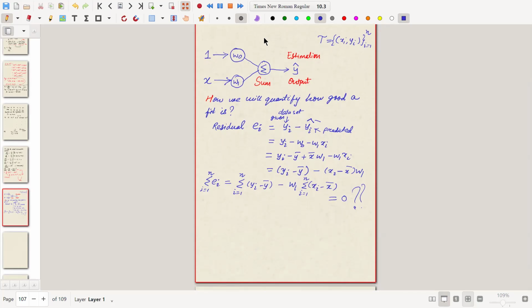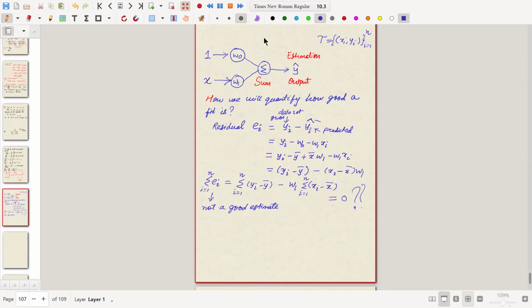So summation of e_i, this quantity is not a good estimate. Why? Because whatever you do, the error is coming to be 0. But actually there are hidden errors. There is plus, there is some minus error which is getting cancelled. So therefore you should do something more.